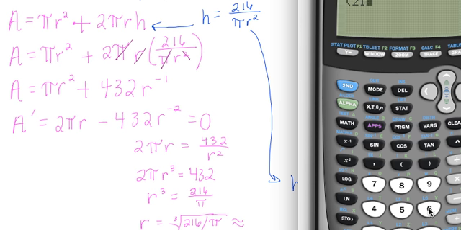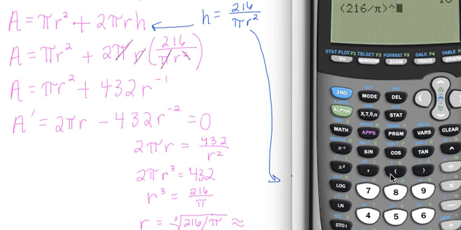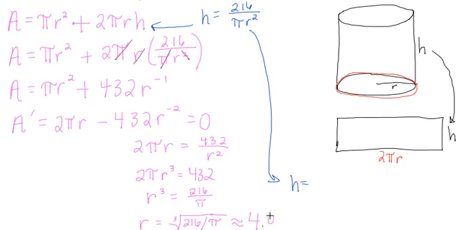I'm going to do 216 divided by pi, all to the power of a third for my cube root. Okay, so there's r. R is 4.09670. We're in centimeters.